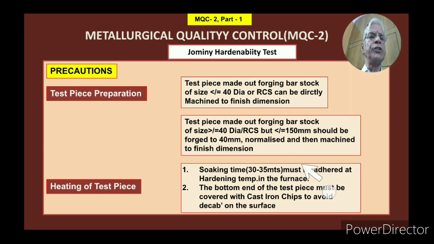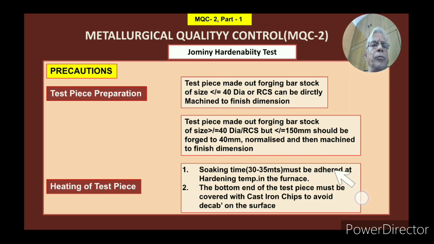Generally 8620 is taken for this hardenability test, which is low alloy steel. So in that case it is 920 degrees centigrade. But in case of plain carbon like class 4 or something, it is taken as 880 plus minus 10. So the hardening temperature has to be selected, and then it has to be kept in the furnace for 30 to 35 minutes at this particular temperature.